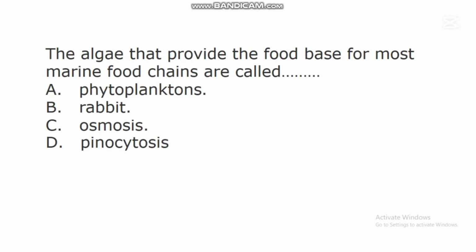In this question, the correct answer is A. Phytoplanktons. Phytoplanktons are those algae that usually begin the food chain in aquatic habitats. These algae provide the food base for most marine food chains.